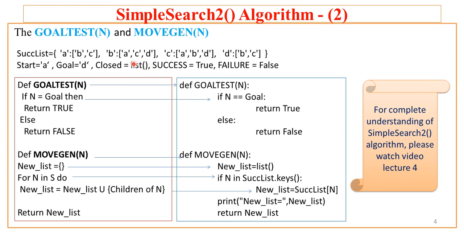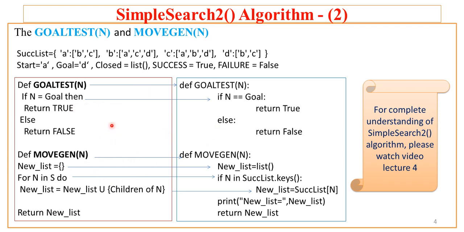Here the list function of Python is called to initialize close to an empty list. Now success and failure are the two boolean variables which help us return the status of the algorithm, whether the algorithm has found the goal node, that is success, or has not found the goal node, that is failure.